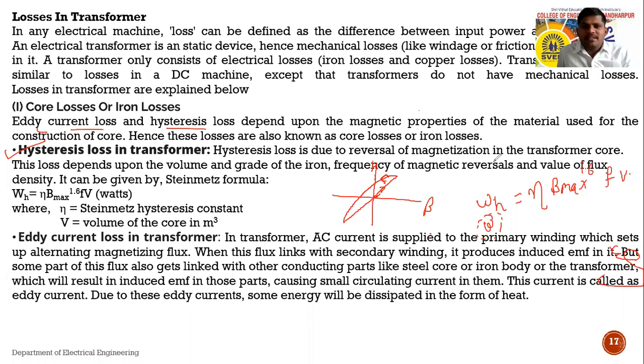It depends upon the volume and grade of the iron, upon the frequency of magnetic reversal, and upon the value of flux density.